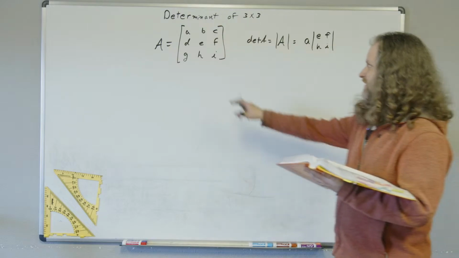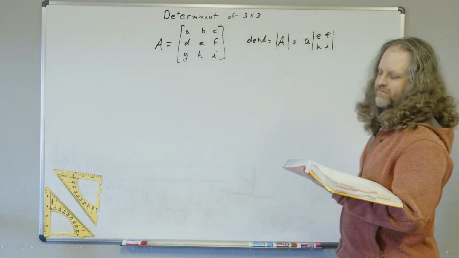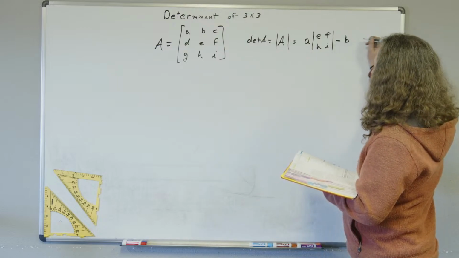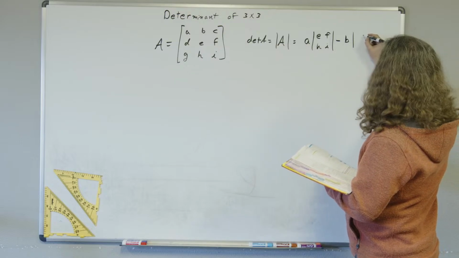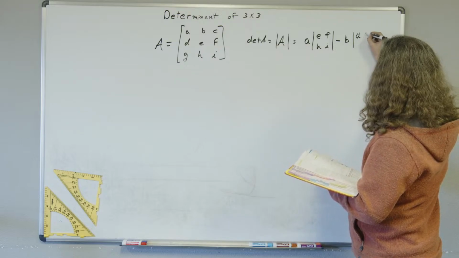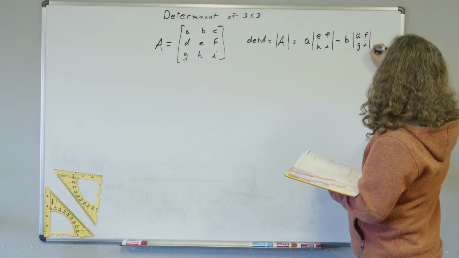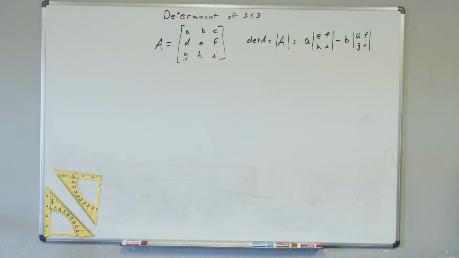Yeah, so this one times the 2 by 2 matrix that we get if we delete those things. Minus B times this matrix. Where does that come from? Bottom 2 rows, we get rid of the middle.